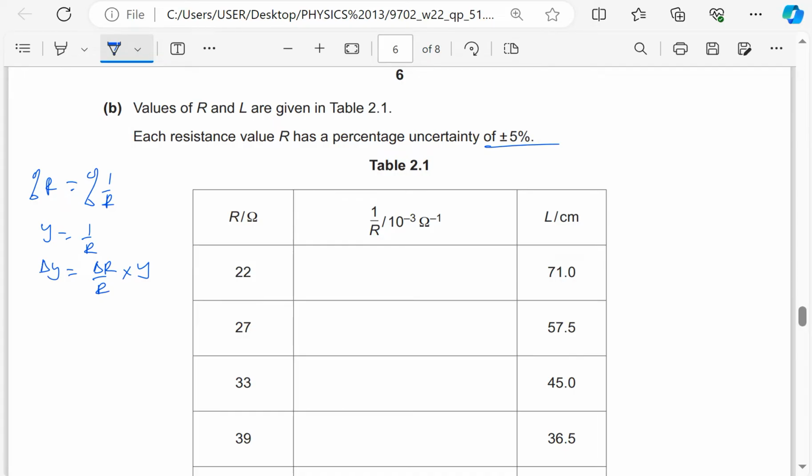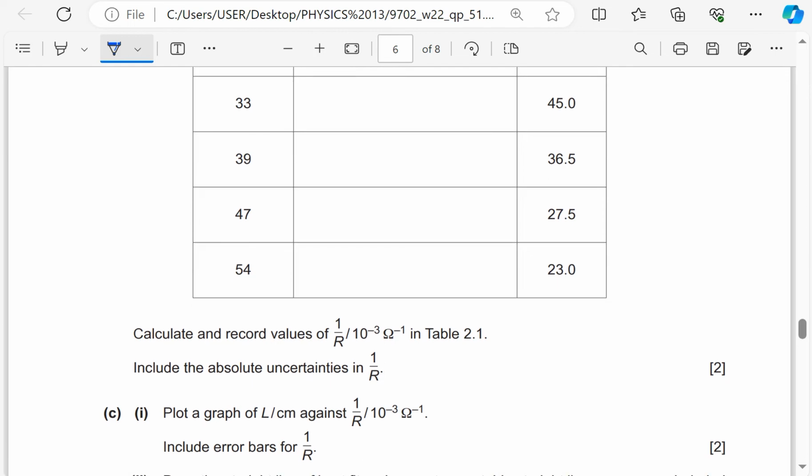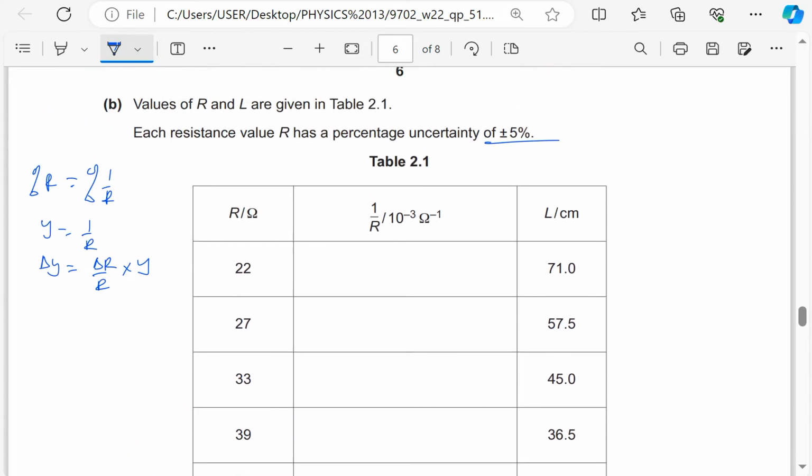They said calculate and record values of 1 over R in the table. We must include the absolute uncertainties in 1 over R.